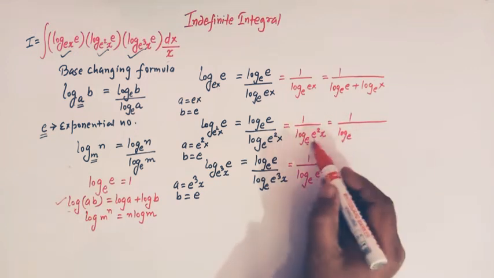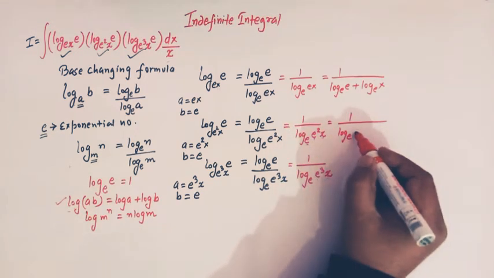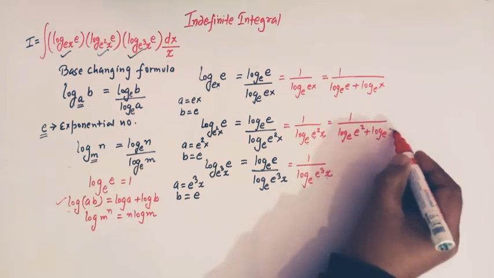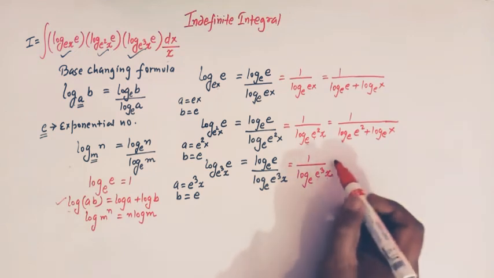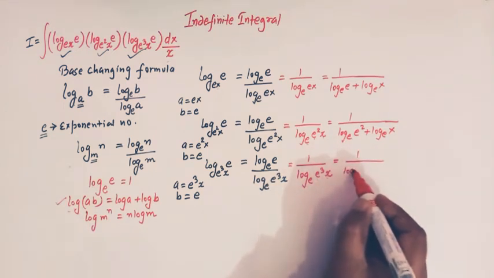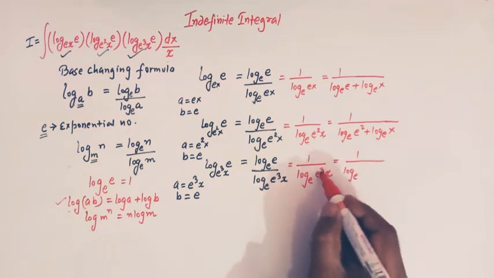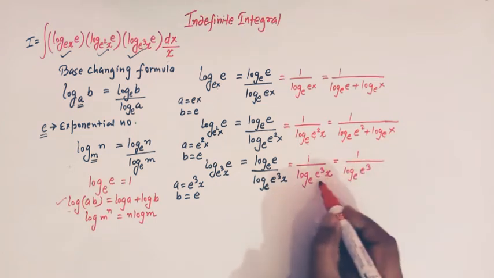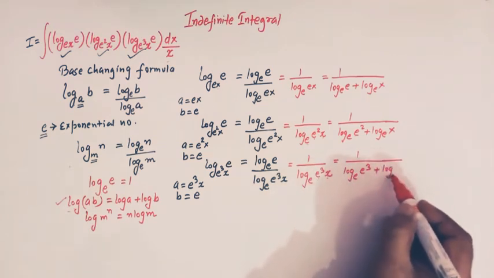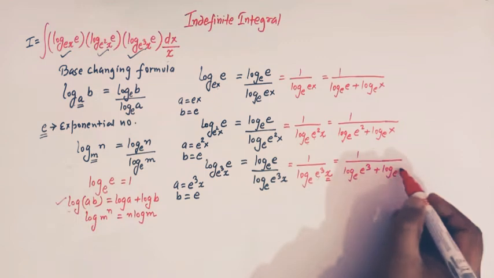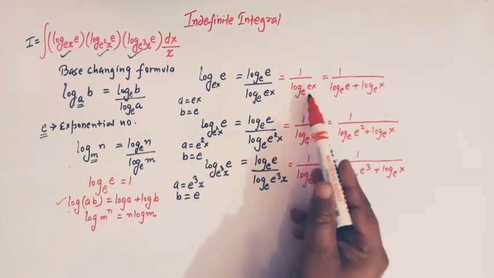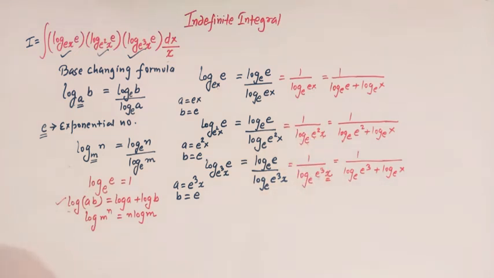So log of e, then this is a, this is b, so here we have log of e square plus log of x, right? And here we have 1 over log of base e, and then we have e cube, because this is a, this is b, and then we have log of e, and here we have x, right?